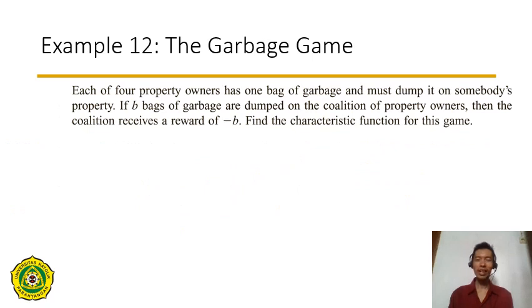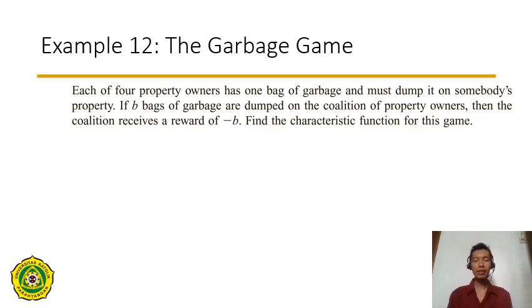Now here's the next example. It's called the garbage game. So each of 4 property owners has 1 bag of garbage and must dump it on somebody's property. So not on his own property, but somebody else's property.